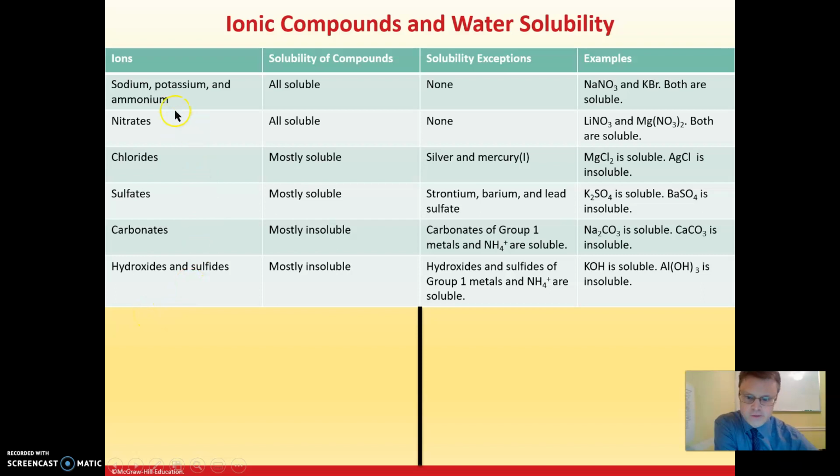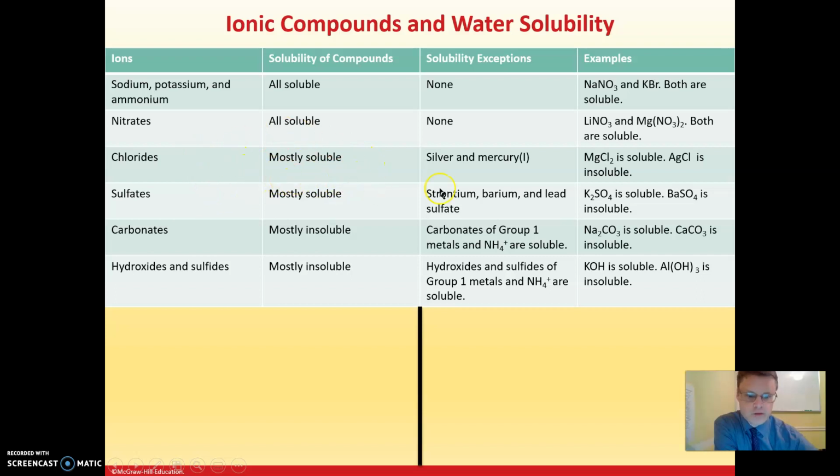This also applies to nitrates. All ionic compounds that contain nitrates are soluble. Examples would be lithium nitrate and magnesium nitrate. If an ionic compound contains a chloride anion, those are mostly soluble.